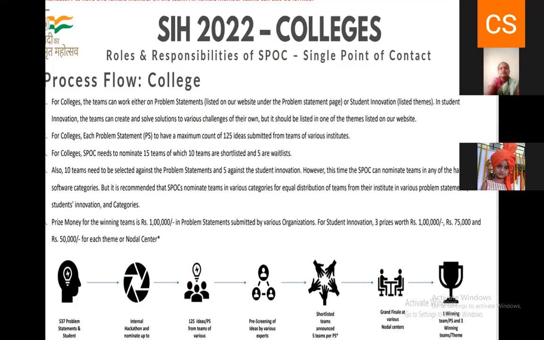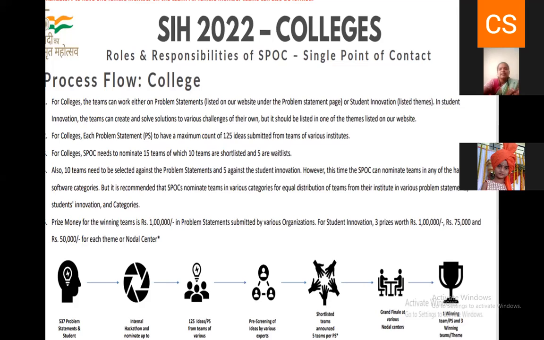How many teams? 15 teams. Out of the 15 teams, 10 teams are shortlisted and 5 are on the wait list. Out of 15, only 10 teams we are going to nominate for the final SIH competition, and the remaining 5 teams are on the wait list. But how are we going to choose the problem statement?